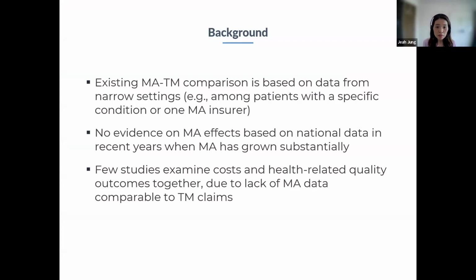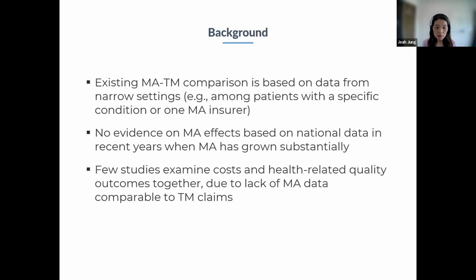Also, the existing MA and TM comparison is really from before the Affordable Care Act period, the earlier years of MA. So we do not have any evidence based on national data in recent years when MA has grown substantially. So we wanted to provide a more updated report.